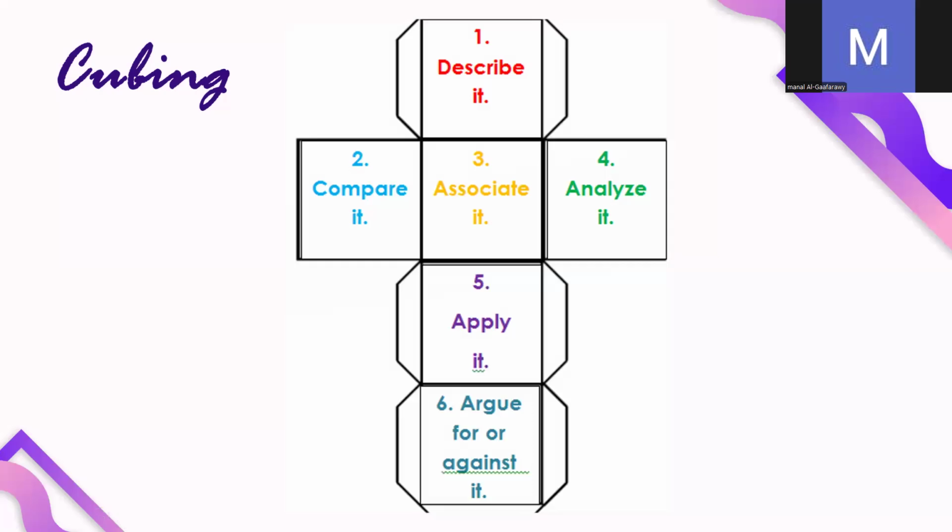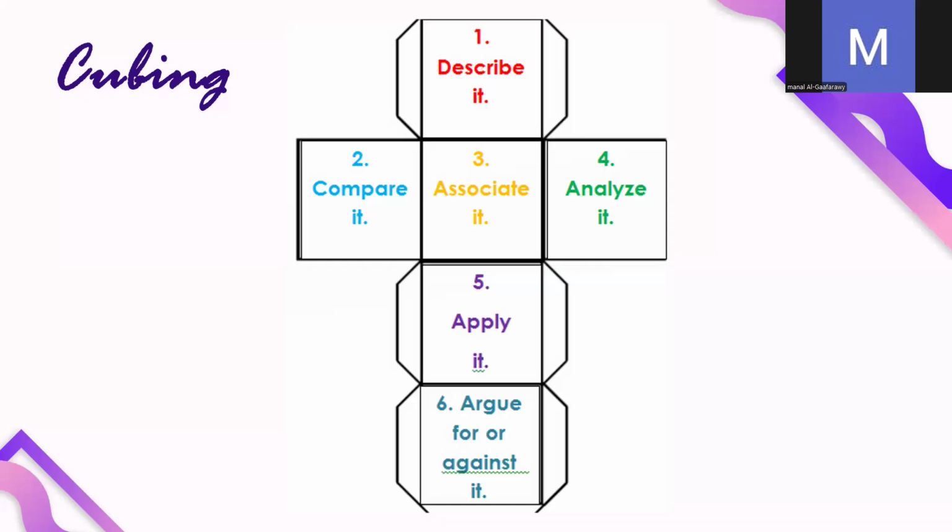So at that stage, students may say the giraffe lives in the zoo, for example. Analyze it, the students mention the components of the giraffe, or they start breaking it down. For example, the giraffe has four long legs, or it has patches on its body.